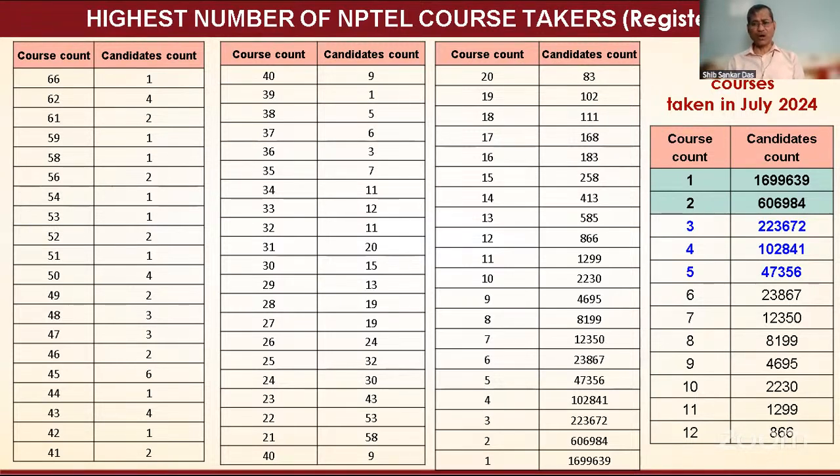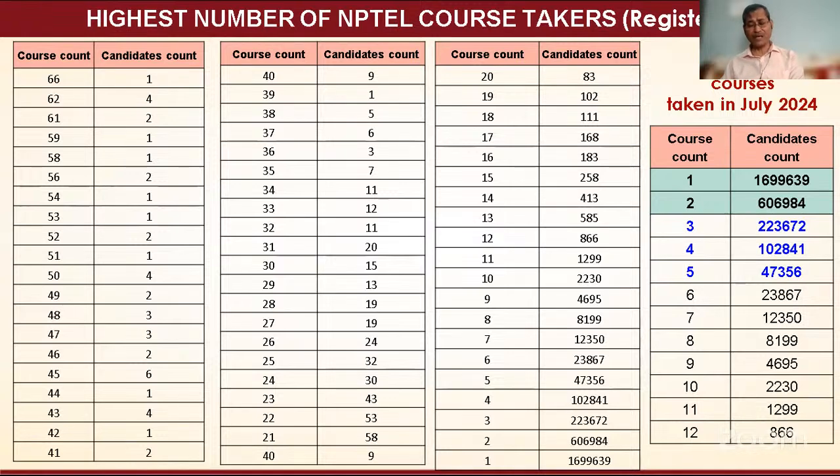Now, the highest number of course takers. You may think that people are taking only one course. No, it's not so. If you see the table on your right-hand side, there are more people taking one course, but look at the numbers like 2, 3, 4, 5, 6, 7, and more. Even beyond 10, those taking 10 courses every semester number 2,230. Even 12 courses are taken by 866 learners.